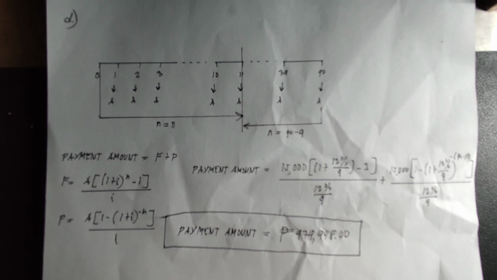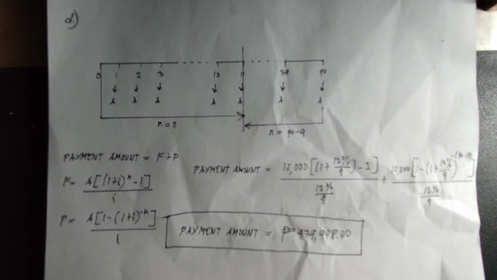Then for our present amount, the formula is A multiplied by the quantity of 1 minus (1 + i) raised to negative n, over i. So for the payment amount, we all know that we will add the two values together.